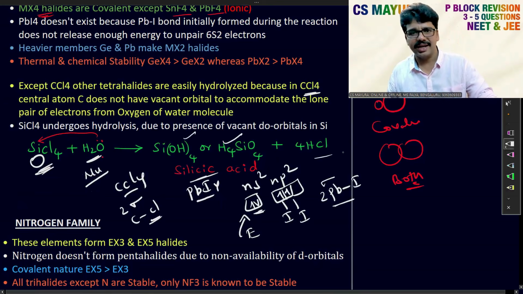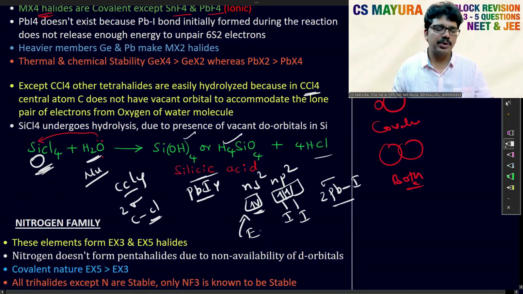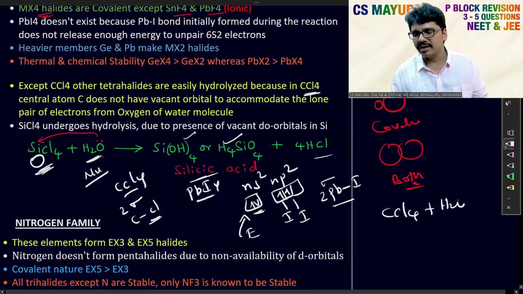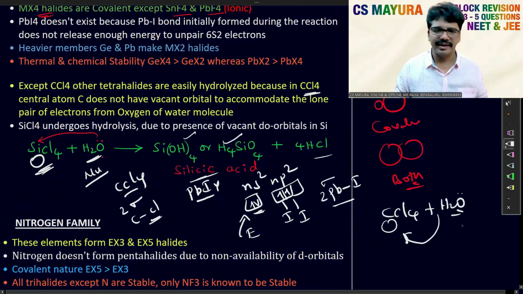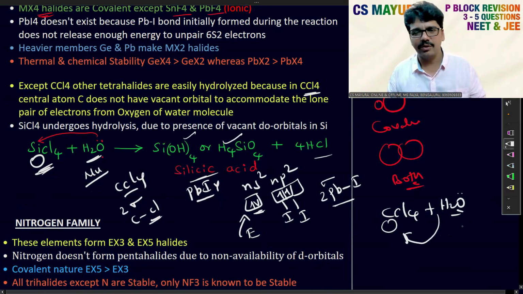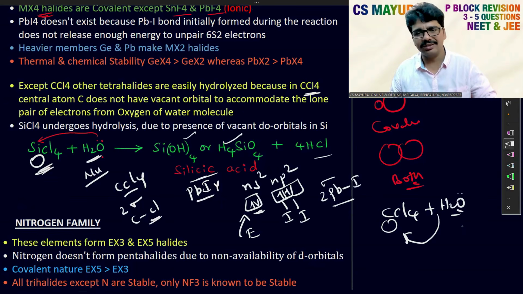This hydrolysis reaction takes place due to the presence of vacant orbitals on silicon and the lone pair of water. When we take CCl4 with water, water has a lone pair on oxygen, but carbon does not have a vacant orbital. Water is not able to attack the carbon, so hydrolysis does not take place. Except CCl4, all other 14th group halides undergo hydrolysis because they have vacant orbitals.